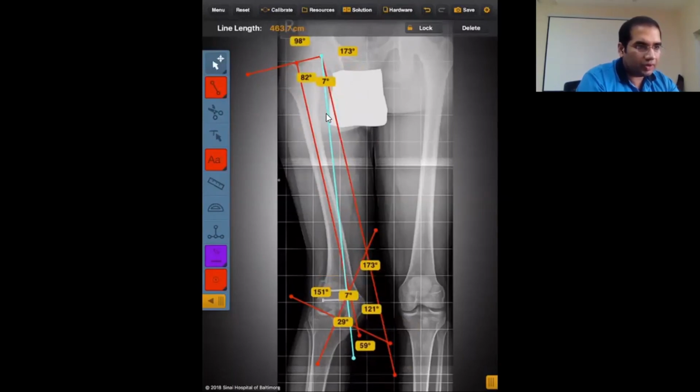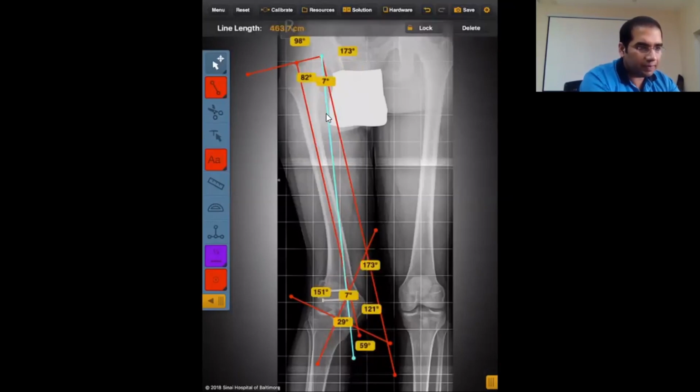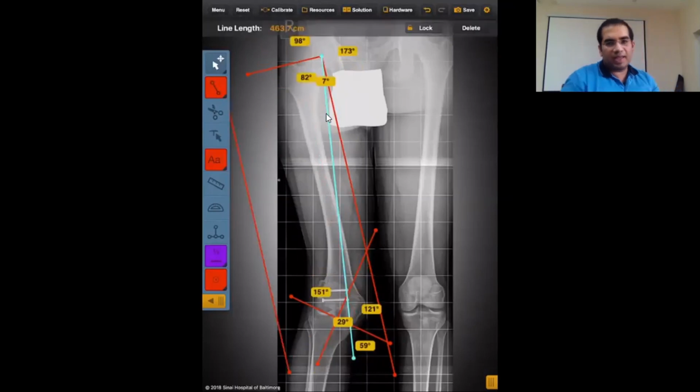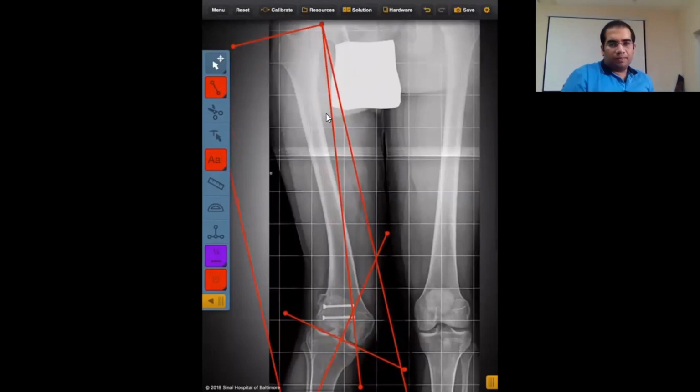as you can see over here, look what has happened. Abdul Sattar, can you tell me what has happened right now? I did mechanical axis planning by 2 ways. What have I gotten right now?